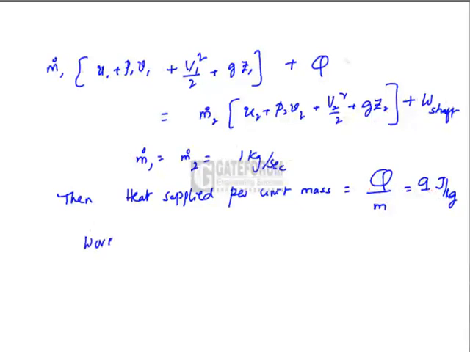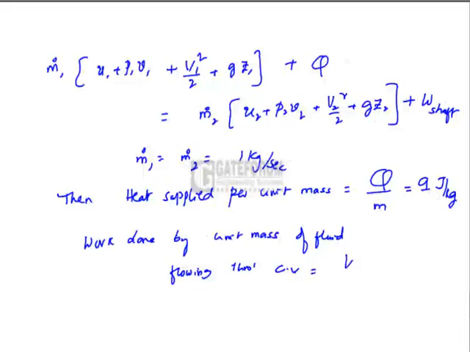Similarly, work done by unit mass of fluid flowing through the control volume is equal to capital W SH divided by M, that is small w joule per kg, where small w is the shaft work done per unit mass flow rate of fluid passing through the control volume.